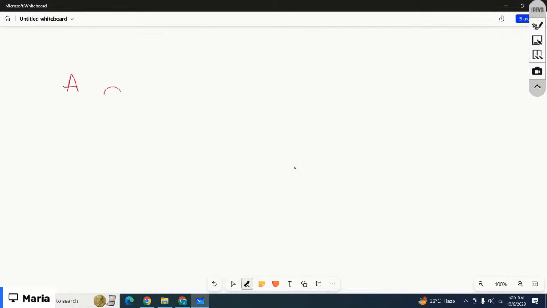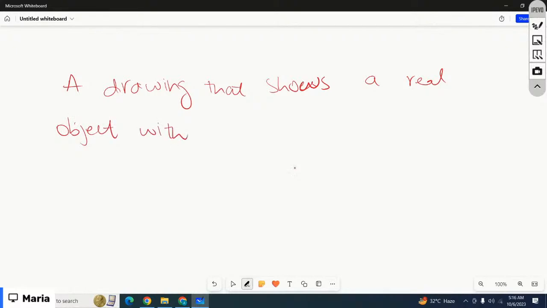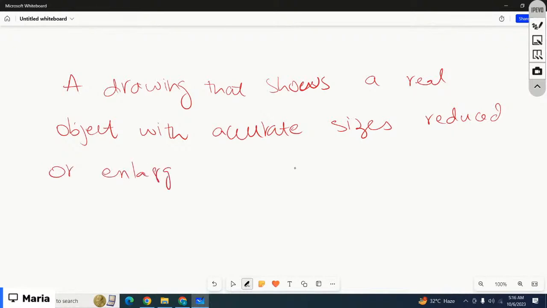A drawing that shows, you can note down the definition. A drawing that shows a real object with accurate sizes, reduced or enlarged by a certain amount, called scale, right?